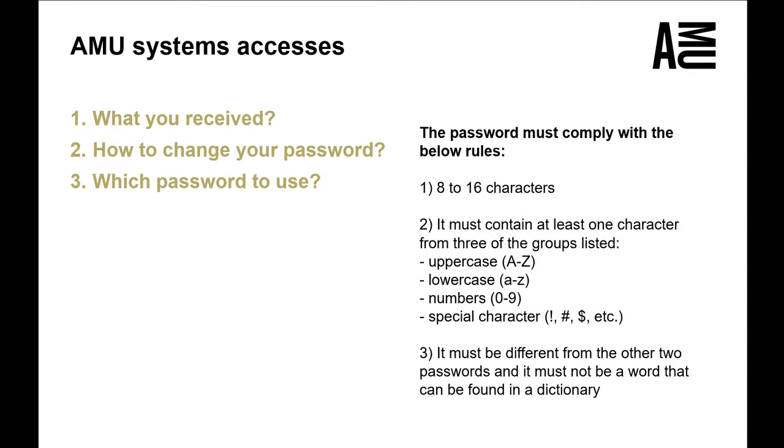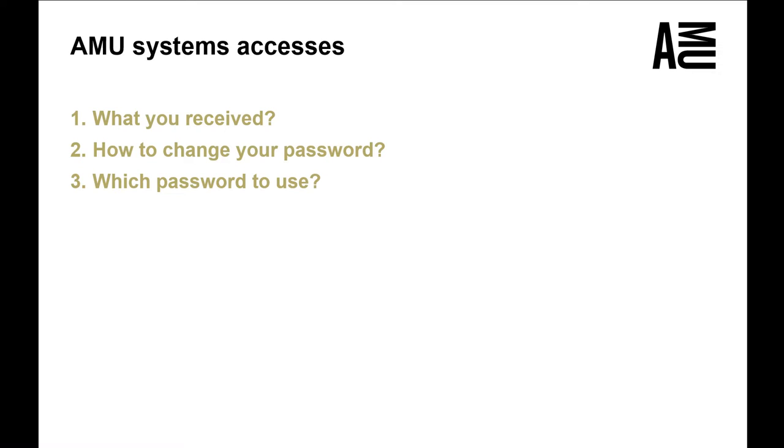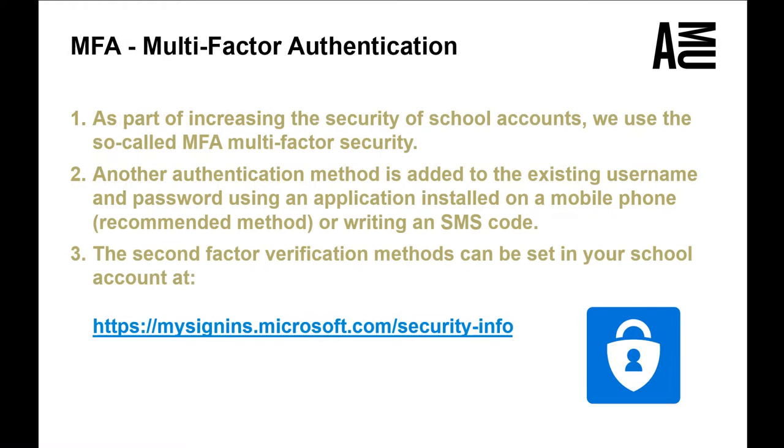That login password has a certain policy on what it needs to look like. It has to be 8 to 16 characters, upper and lower case, a digit and preferably a special character. Among other things, we have multi-factor authentication here at AMU. You may be used to this from, say, online banking, that you log in with two factors, so you need to set up two-factor authentication.